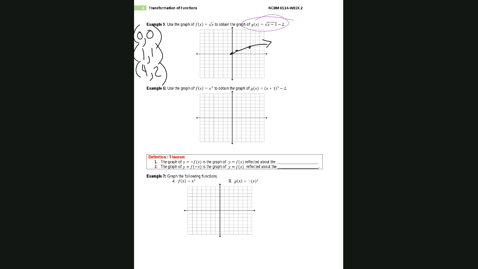So if I move 1 unit to the right, I'm going to add 1 to x. So my new point here will be 1 comma 0, 2 comma 1, and then 5 comma 2.